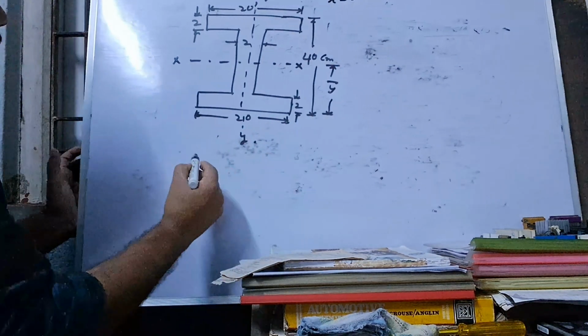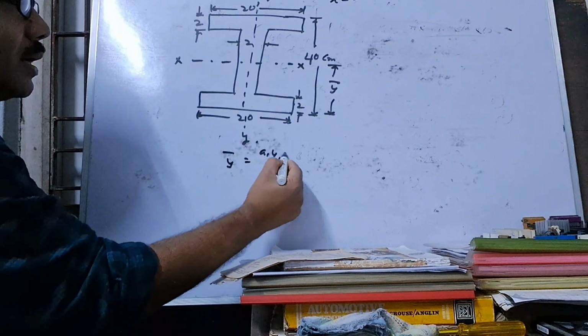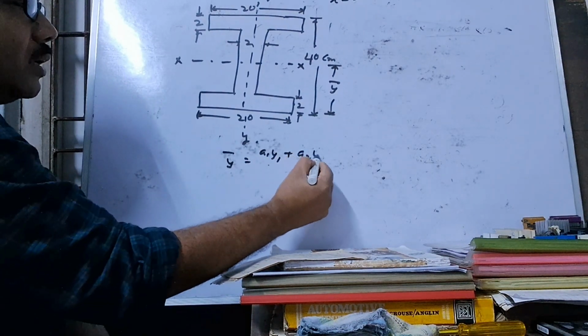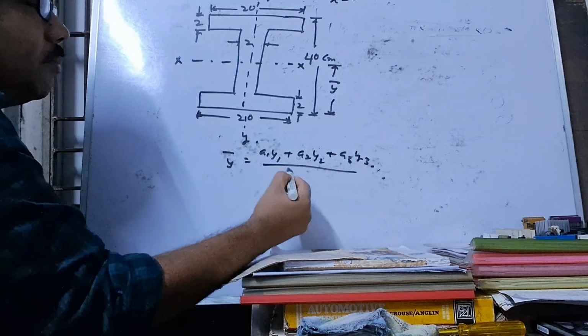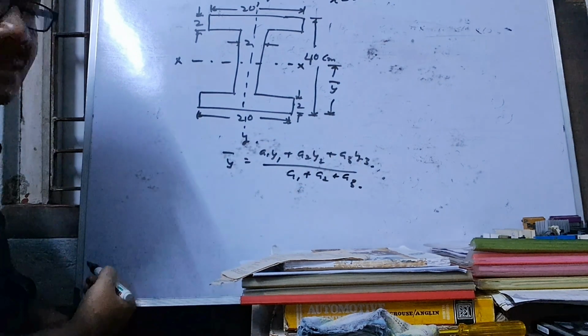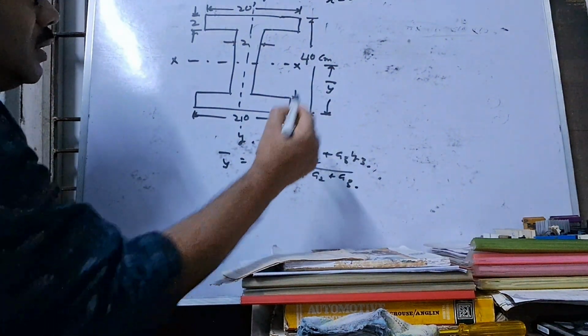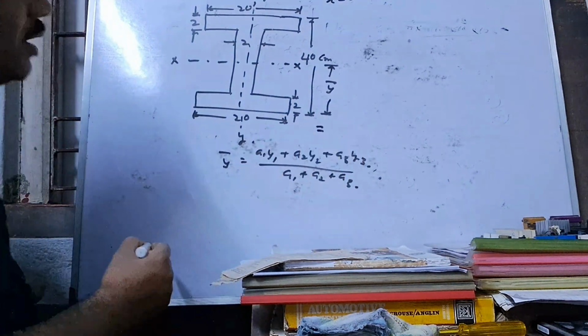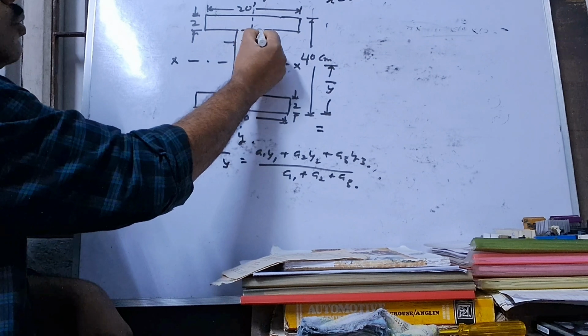So at first we have to find y bar, and we know that y bar is a1 y1, a2 y2, a3 y3 by a1 plus a2 plus a3. Now put the value. So split up the whole section.